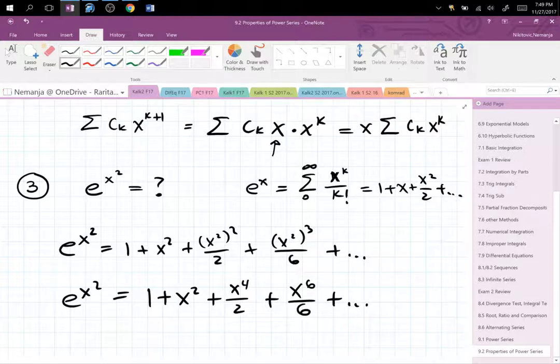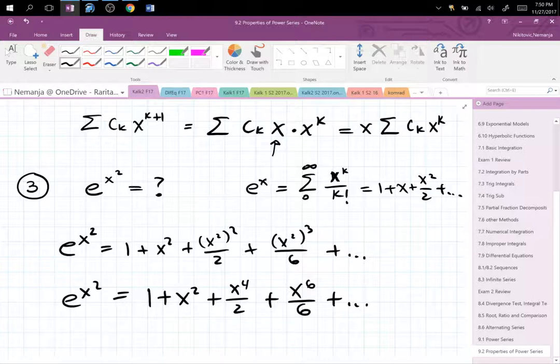Differentiating and integrating power series, which is in this section, I leave for 9.4, because working with power series is the entire section on differentiating and integrating within power series. So I leave that concept for that one anyway. So we're done.